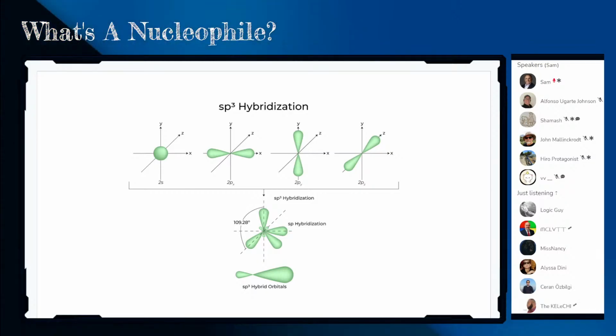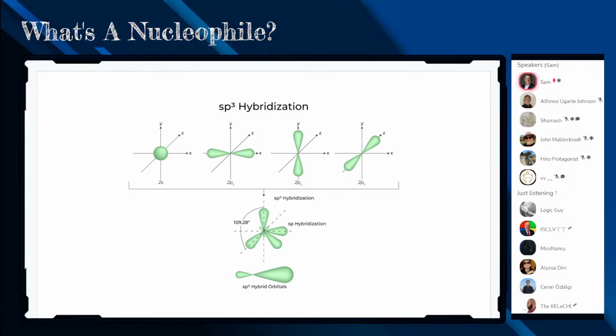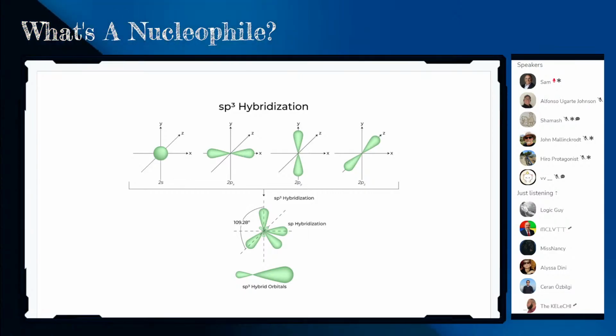That orbital is shown in blue, and the p orbitals now overlap as well and form a pi bond. So we have a sigma bond from the overlap of the sp2 orbitals, and a pi bond from the overlap of the p orbitals.